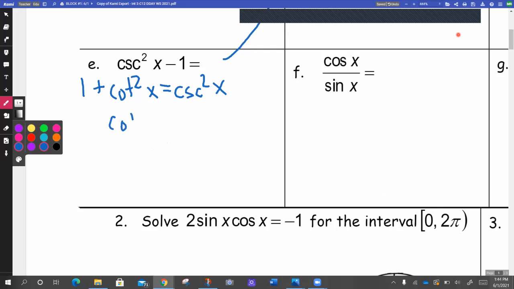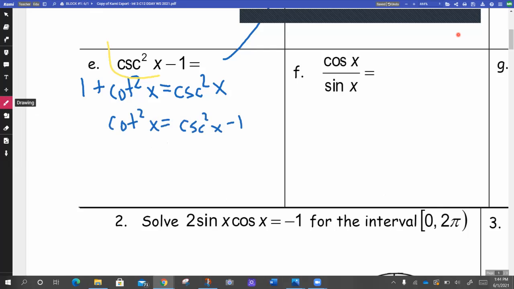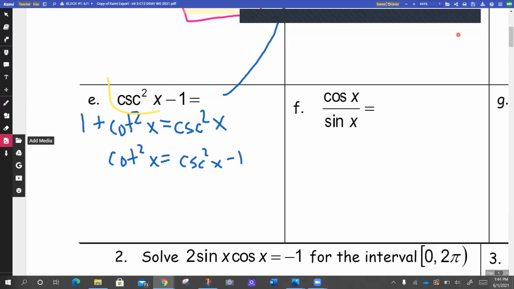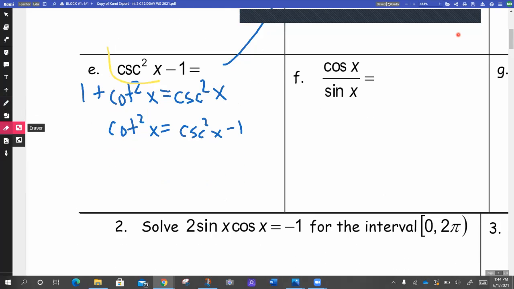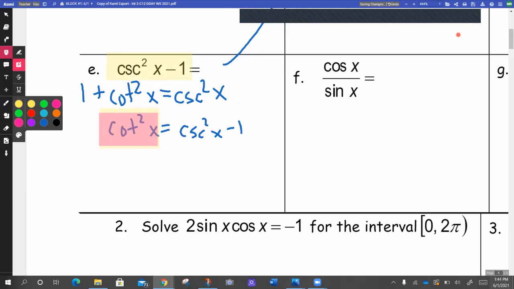So I'm going to get cotangent squared x is equal to cosecant squared x minus 1. And so I want to know what my cosecant squared x minus 1 is, and that is equal to cotangent. So that's your answer right there, cotangent squared x.